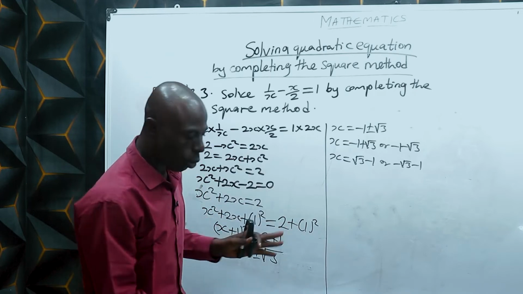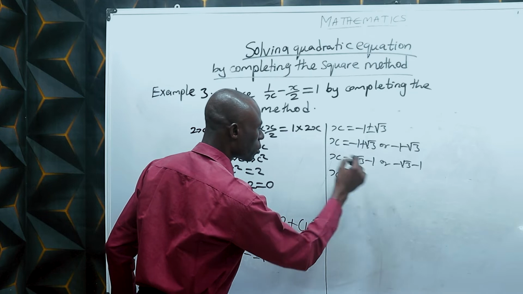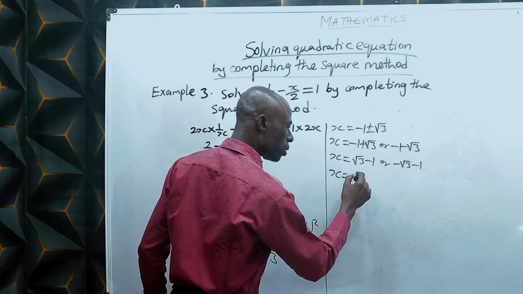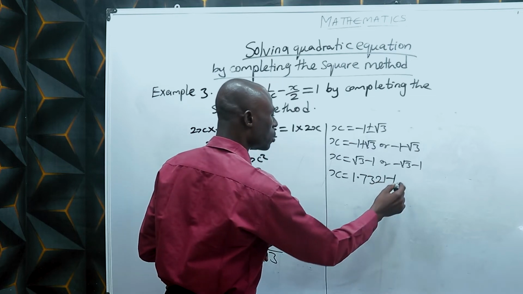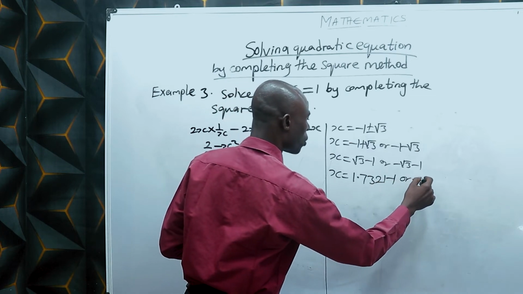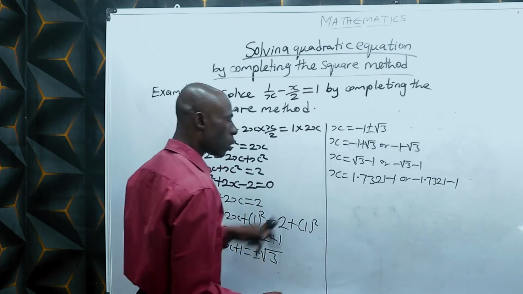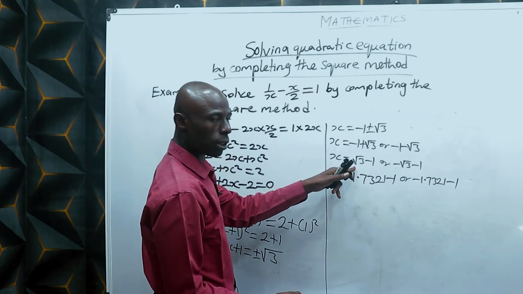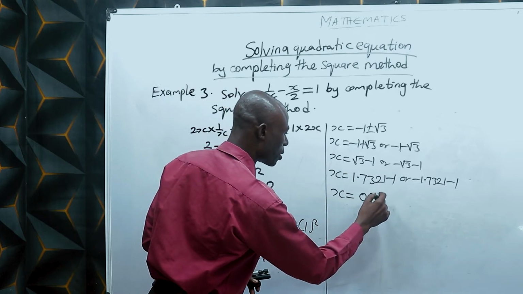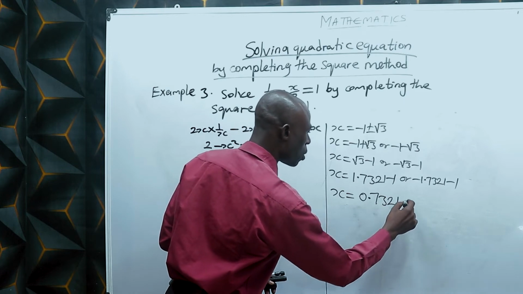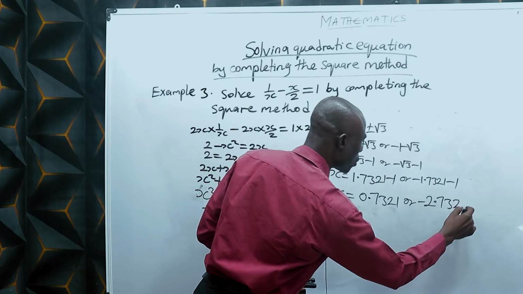If not in short form, you go ahead to find the square root of 3. Square root of 3 will be 1.7321, so 1.7321 minus 1, or minus 1.7321 minus 1. X will be equal to 0.7321, or minus 2.7321.